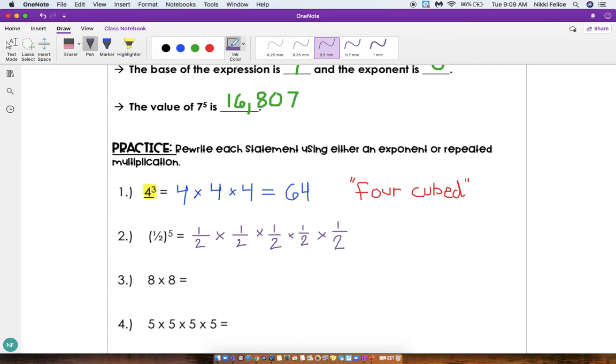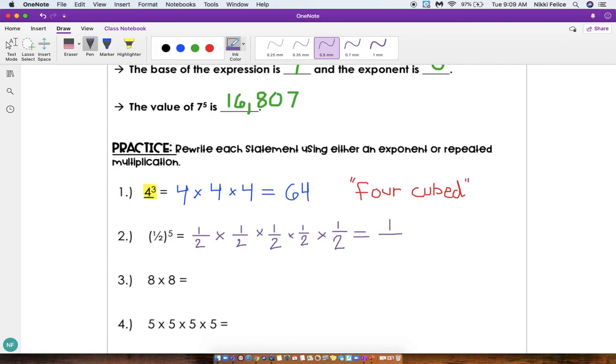If I wanted to, I could figure out the value of this expression. We know how to multiply fractions. We multiply the numerators together, but that's easy because we know 1 times 1 is 1. So our numerator, 1 times 1 times 1 times 1 times 1, is just going to be 1.